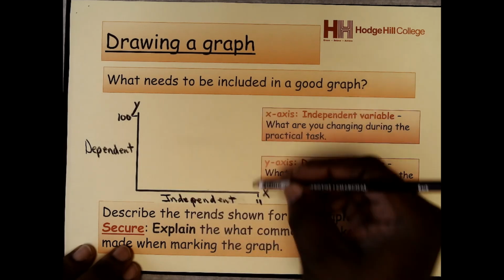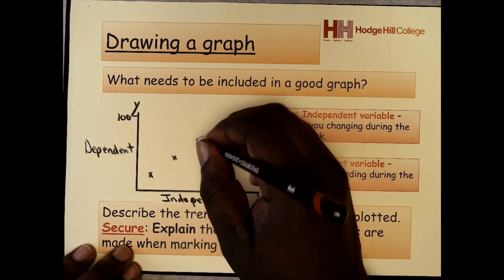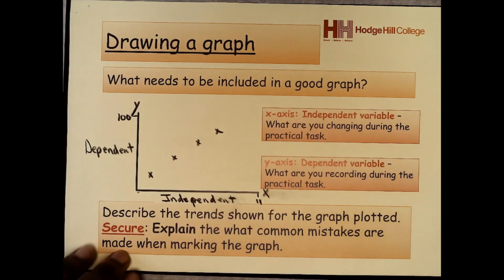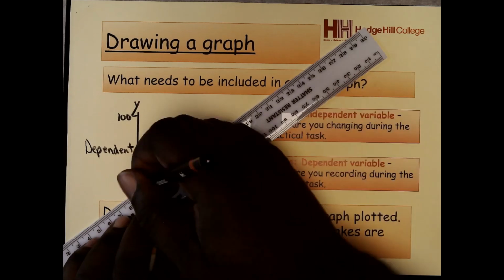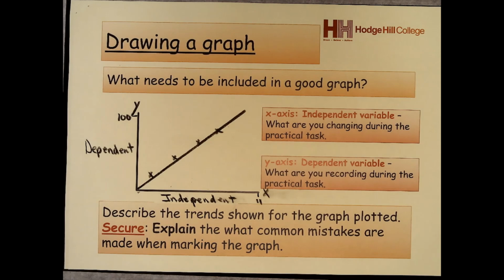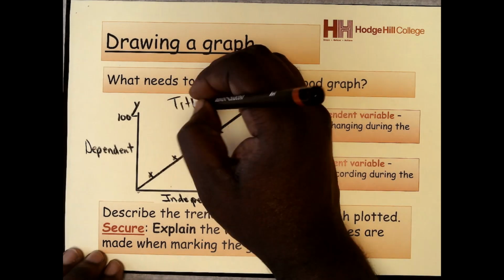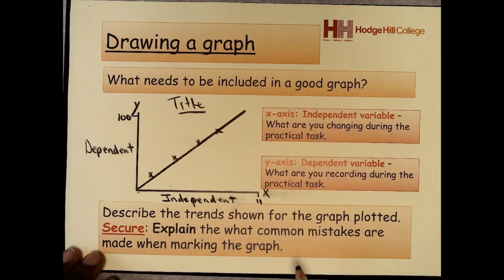So make sure that your graph falls within that space. Then you do your line of best fit. Most times, you want to use a ruler, especially if it is a straight line. Also, you may want to consider a very suitable title.